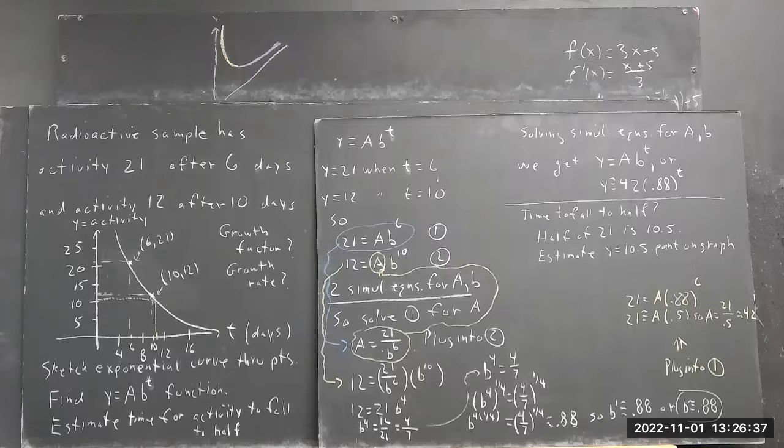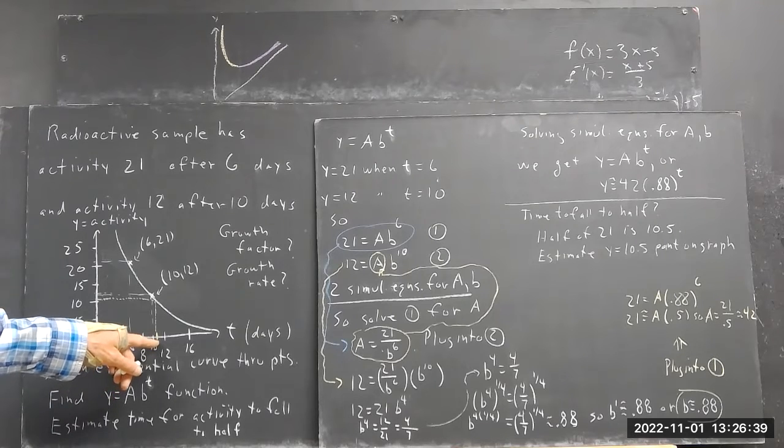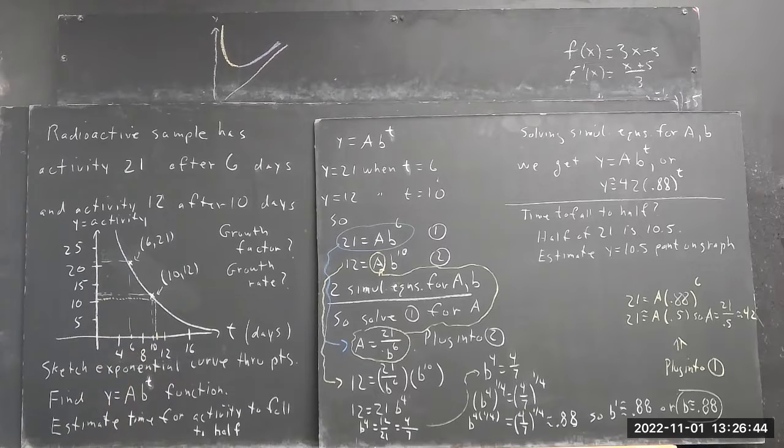Well, that's a big coincidence, because what does the t coordinate look like here? Here's 10, here's 12. What do you think that is? Pretty close to 10.5, isn't it? So we get 10.5, 10.5.